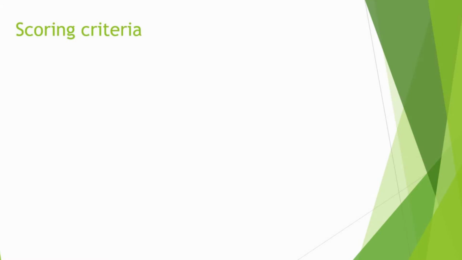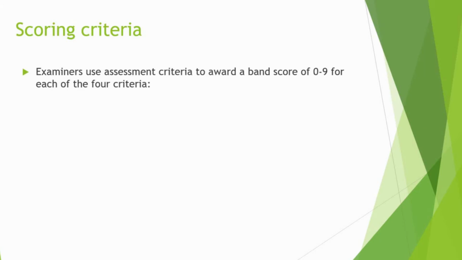Now let's look at the scoring criteria. Basically, in the writing module, you will be marked on 4 different criteria. First, the task achievement and task response.